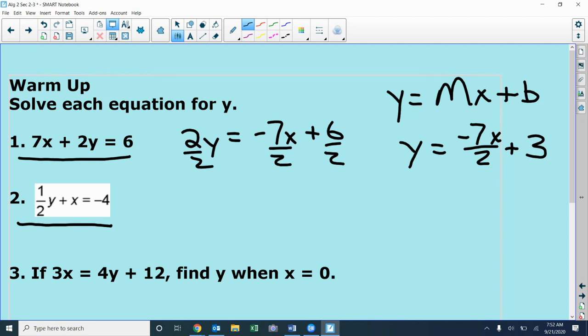So, looking ahead, we'll know our intercept is 3. Okay, x is 0, y is 3. We're just going to cross the y-axis. We have a slope of negative 7 over 2, rise over run. But in this case, since it's negative, it's going to go down 7 and over 2, isn't it? Refreshing your memory there. See if you can knock that last one out. Number 2 now.